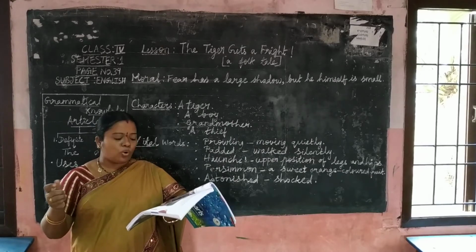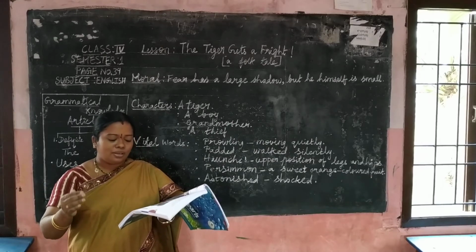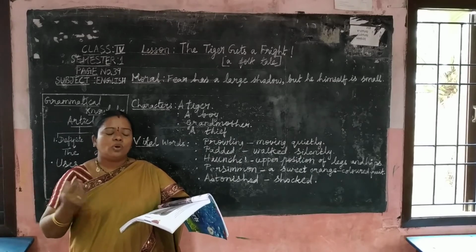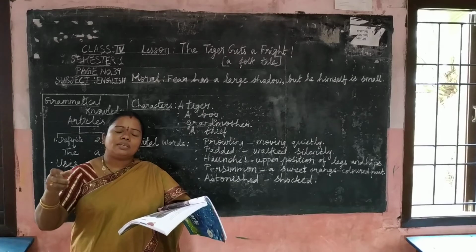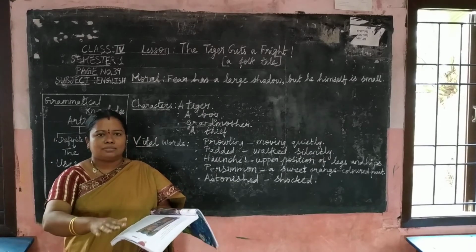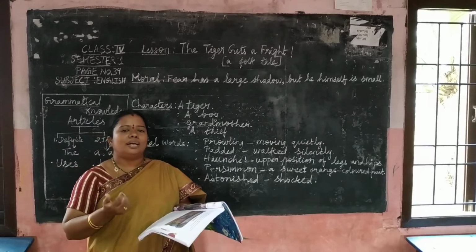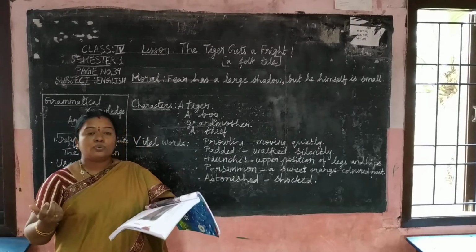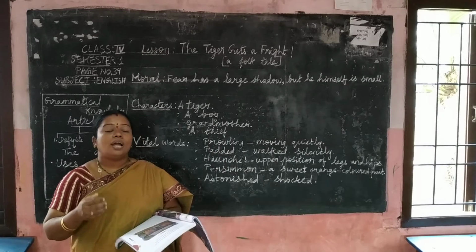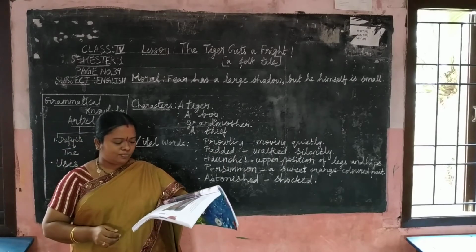It padded. What do you mean by padded? Moving slowly, walked slowly without making a noise. And it went inside and sat. Crouch means sitting. The sitting position of a tiger. That is called crouched. So it sat near the window and it is listening.